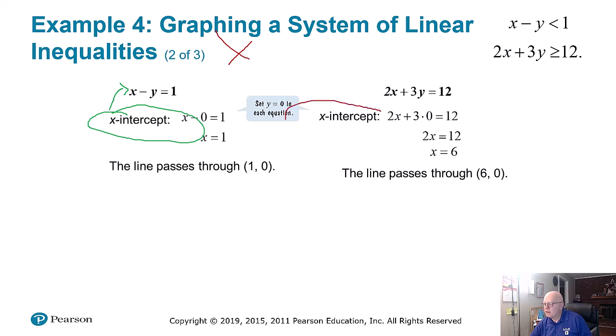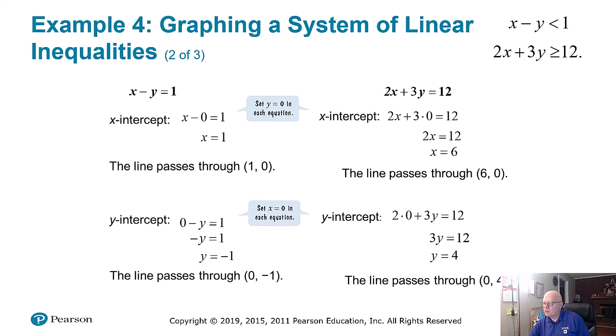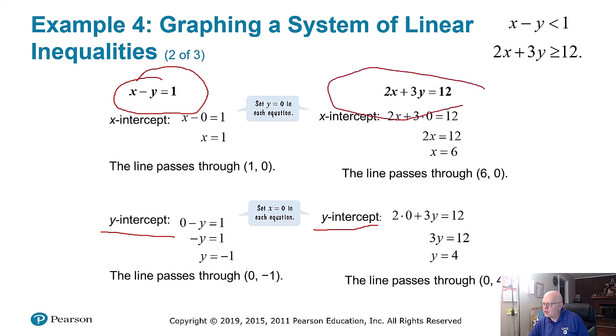And they found the x-intercept for the second inequality as well. So we've got our two lines started. Then we do the same thing for both of them for the y-intercept for both of those lines or boundaries. Then we draw them. On the first one, we'll have a strict inequality, so that's going to be a dashed line for the inequality that this came from, and a solid one for that one.